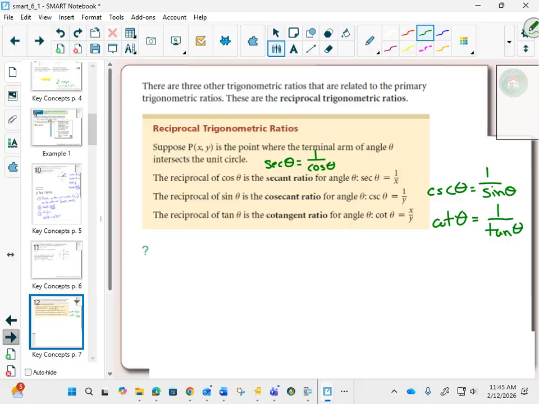But you're going to have to remember cosecant goes with sine, and secant goes with cos. Opposite letters. Those will be definitions you have to remember. And these are our reciprocal trig functions.